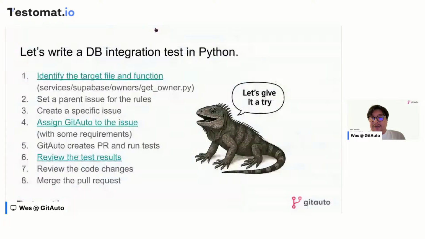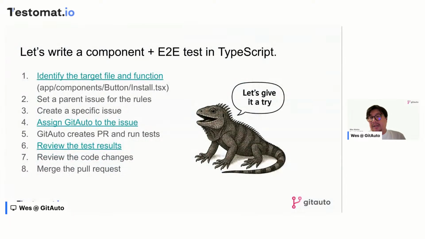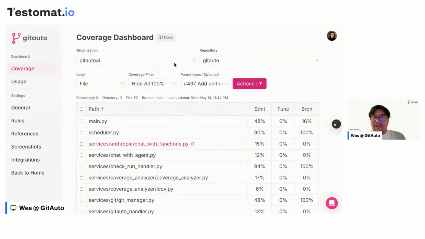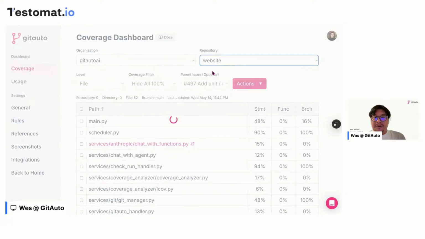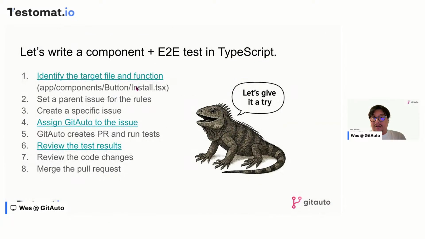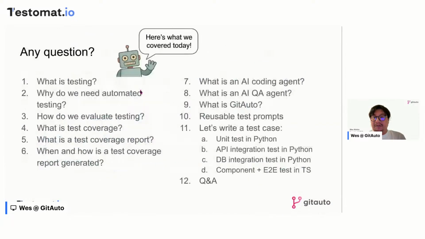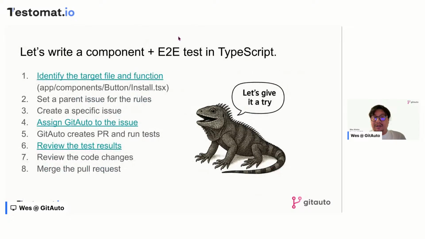And lastly, it can create component UI and E2E testing as well. So let's see that too. So go to the dashboard as well. And this time I'm going to choose website and install button. Oh, oops, sorry.